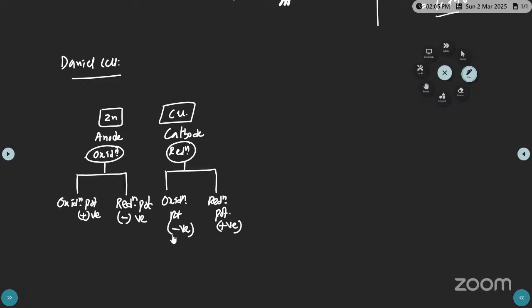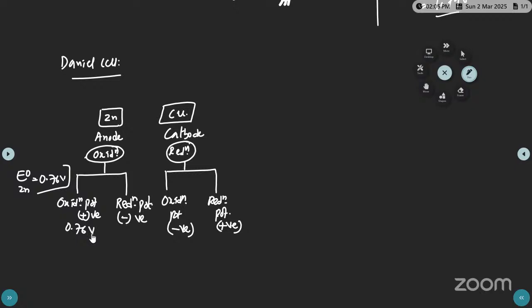So see, at anode what is the zinc potential? Zinc potential is, so manaki E naught of zinc is equal to 0.76 volts. Okay, 0.76 volts. So what is the potential of zinc here? 0.76 volts.